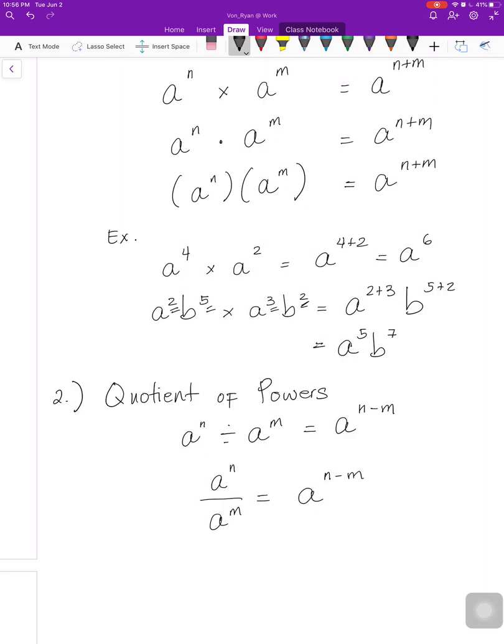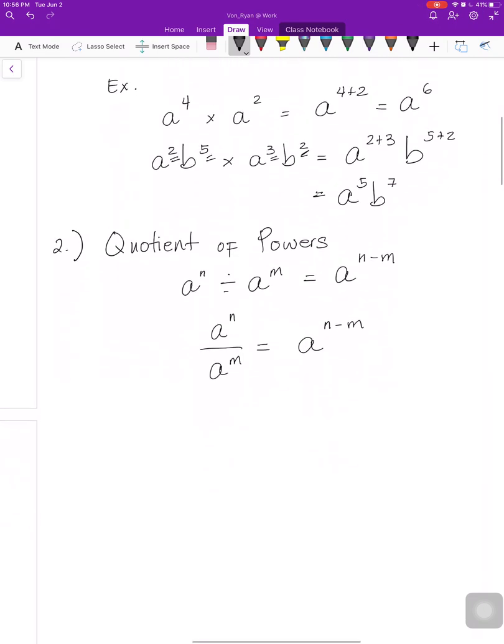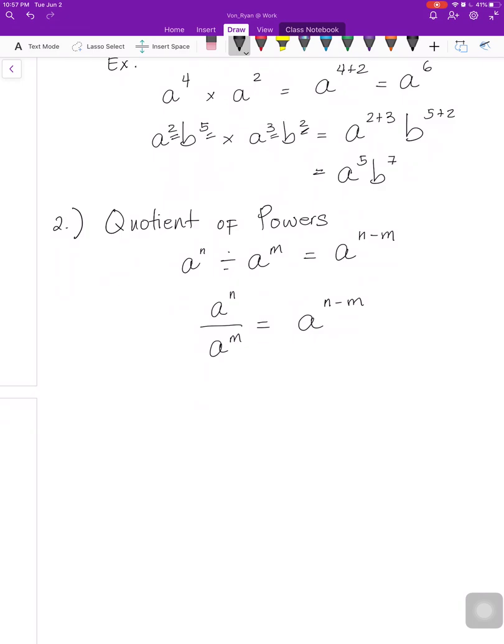Now I will not dwell too much on the theoretical and mathematical proof of these rules. I would have reserved that for the actual classroom, but the purpose of this video is to make sure that you remember the different laws and you can apply them efficiently and effectively in answering questions. So again, when you have the same base with indices divided by each other, the answer is a raised to n minus m. So it will become subtraction.